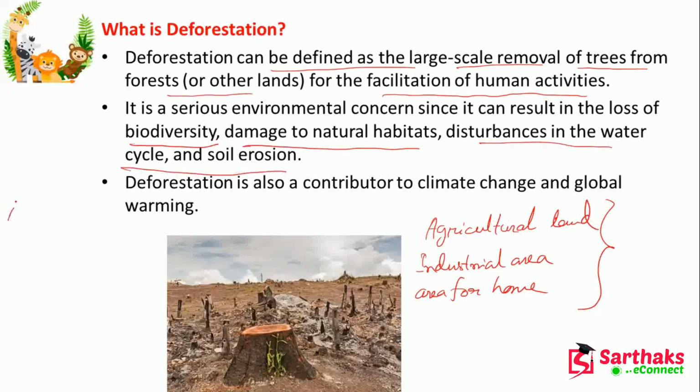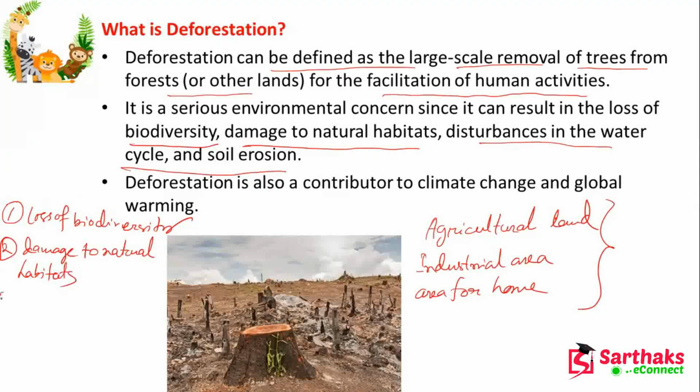So if I am going for deforestation, that causes what? Loss of biodiversity, and next, damage to natural habitats.